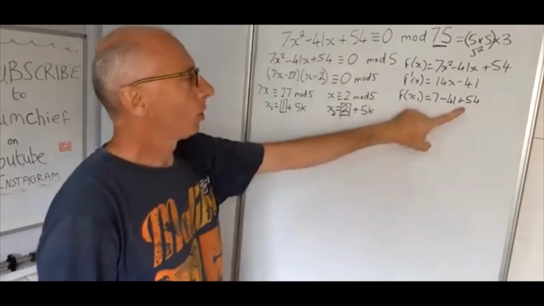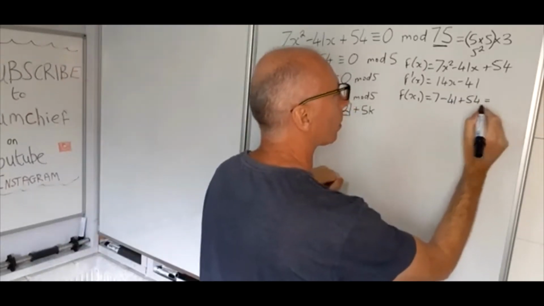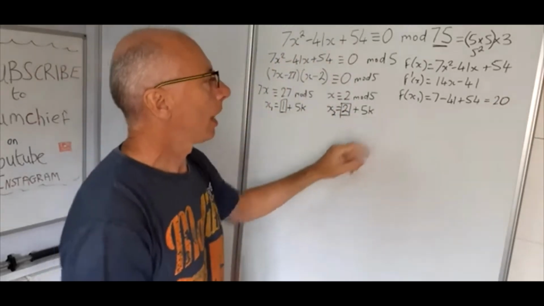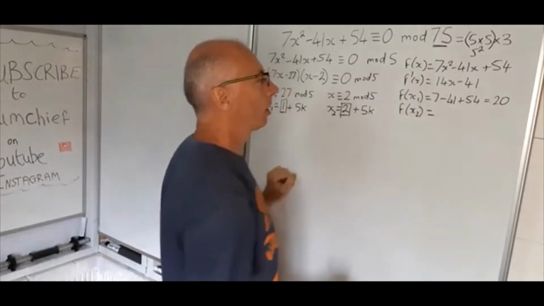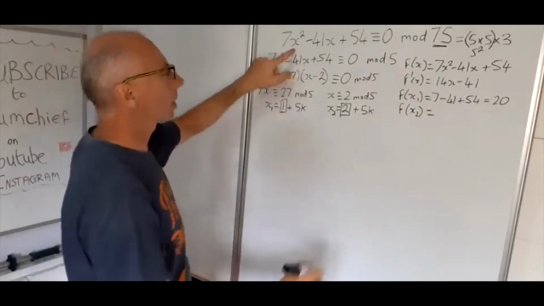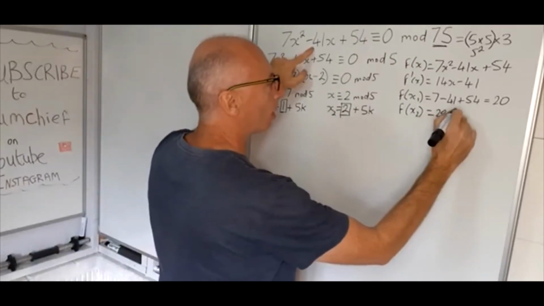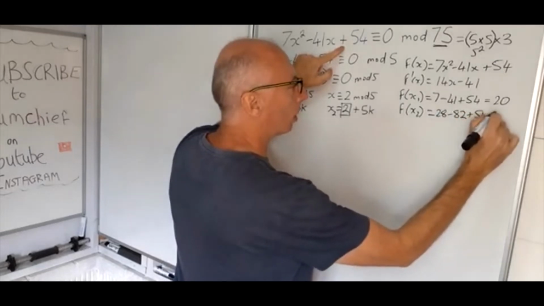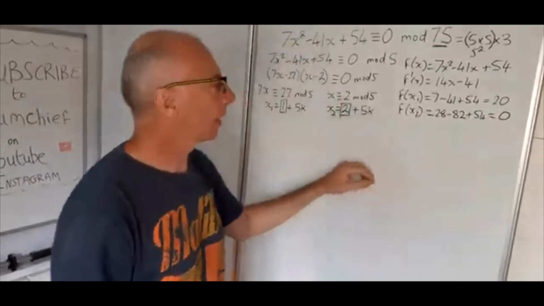Minus 34 plus 54 is plus 20. Now f of x2, plugging in 2: that's 28 minus 82 plus 54. Add all these up and we just get 0. So that's that part taken care of.